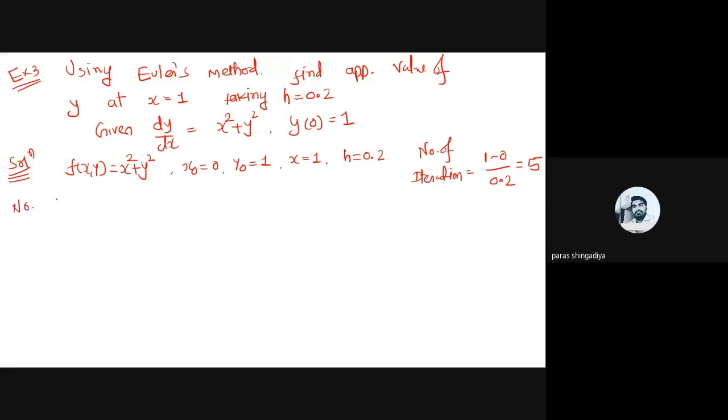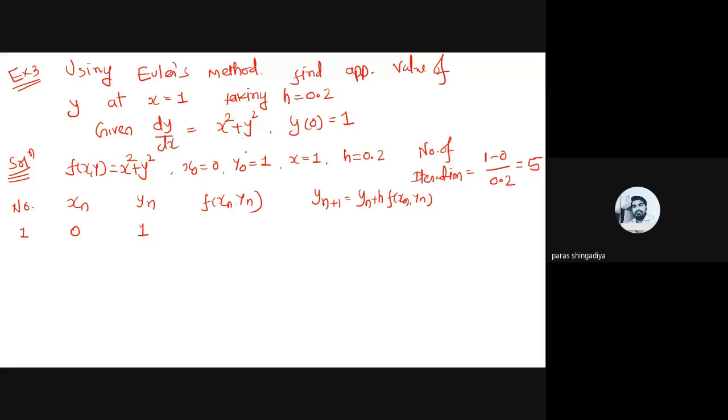So prepare the table: number of iteration, value of xn, yn, f of xn, yn. And here write the formula yn plus 1 is equal to yn plus h into f of xn, yn. First iteration, x0 is 0, y0 is 1.